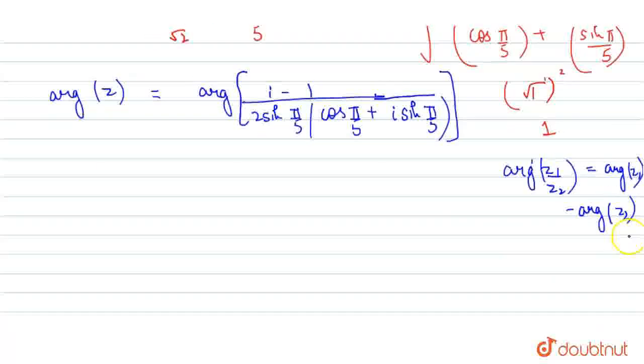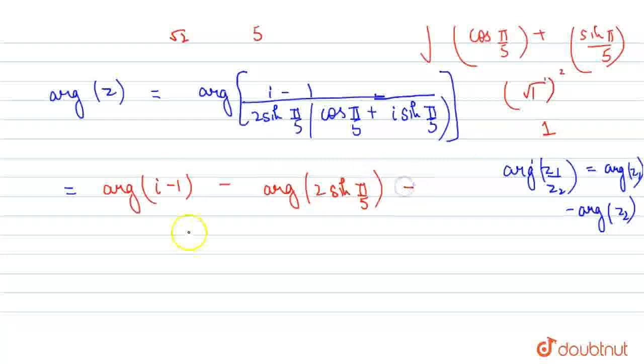So we apply this formula: argument of iota minus 1 minus argument of 2 sin pi by 5 minus argument of cos pi by 5 plus iota sin pi by 5.